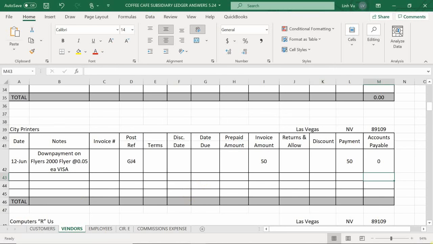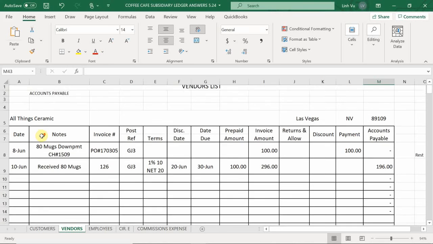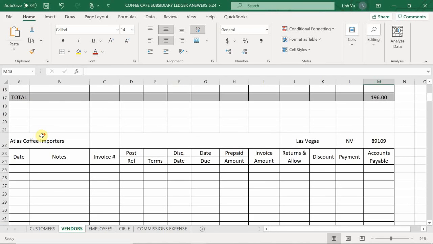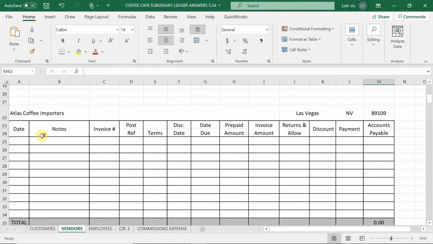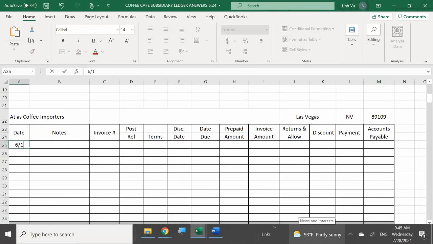But in this case, we're going to go ahead and make a record for that. So again, this is Atlas Coffee Importers, and we have our very first bill.